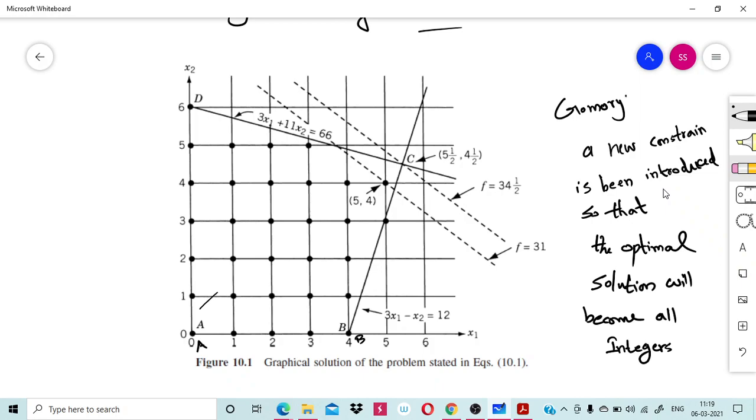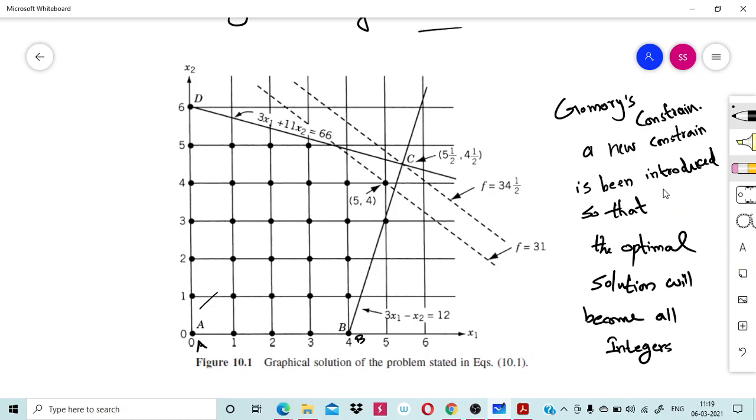Gomory's constraint, or we also call it Gomory's cutting plane. The name cutting plane is used because with three decision variables, x1, x2 and x3, a plane is considered, but with two decision variables, x1 and x2, we have lines.